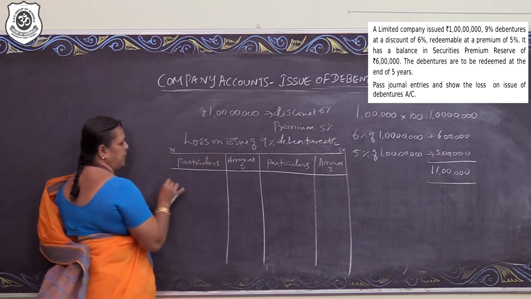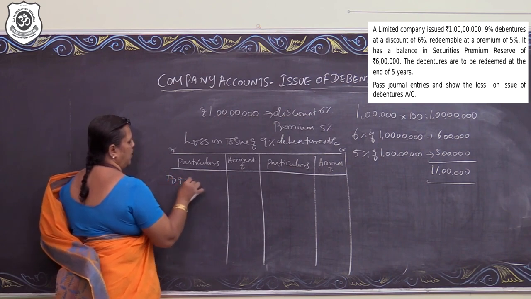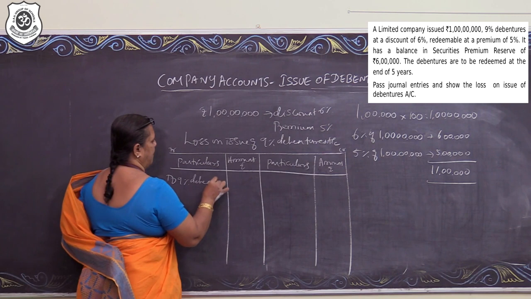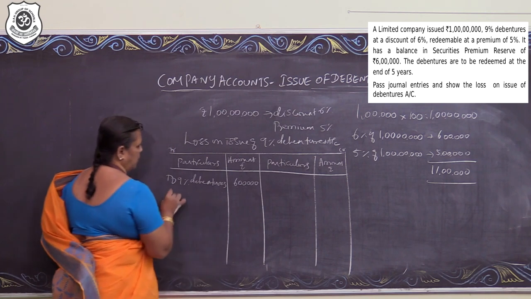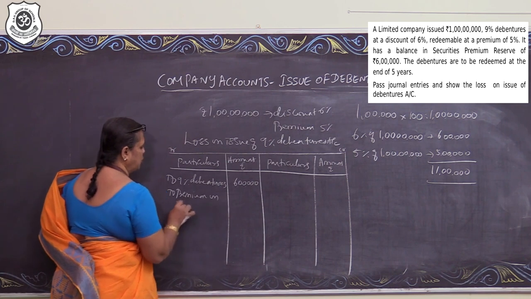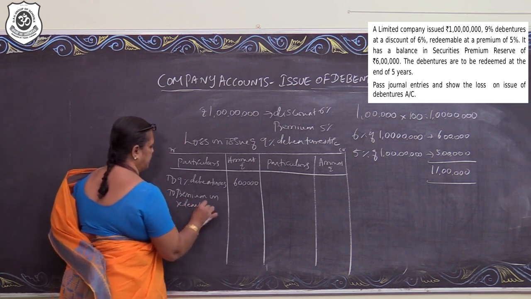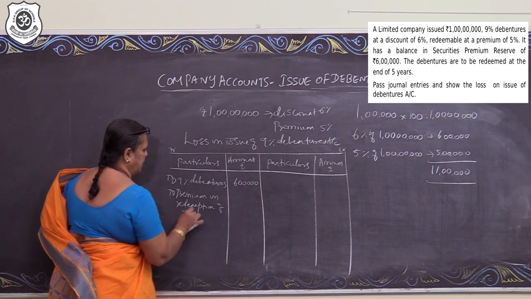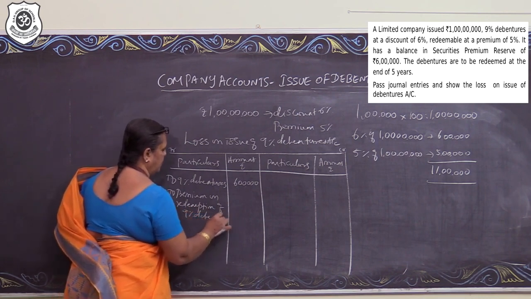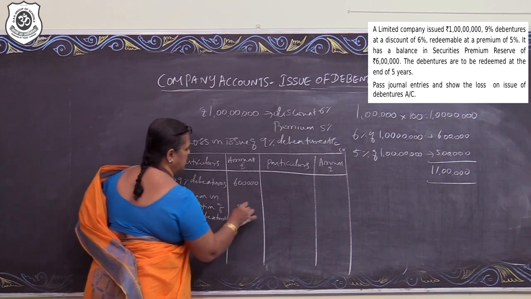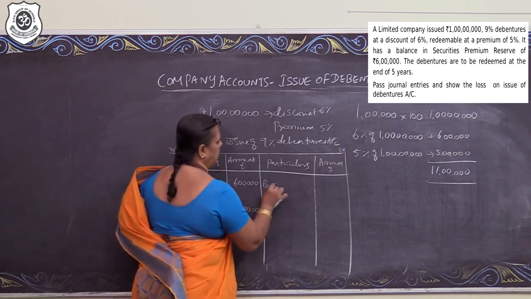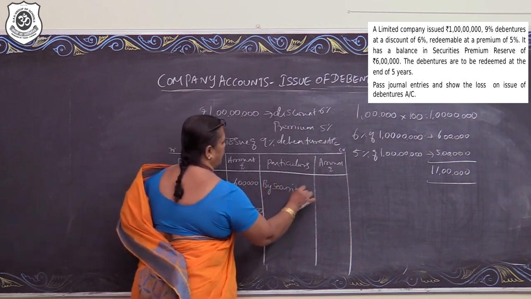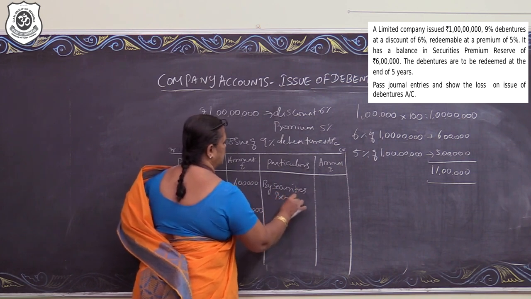So you have here, to 9% debentures account for the discount amount, which is 6 lakh rupees, and to premium on redemption of 9% debentures account will be the loss on debentures, which is 5 lakh rupees. Now we have in securities premium reserve 6 lakh rupees.